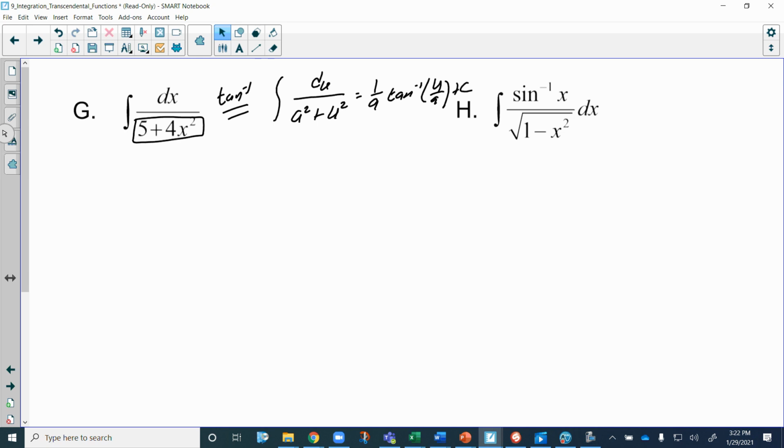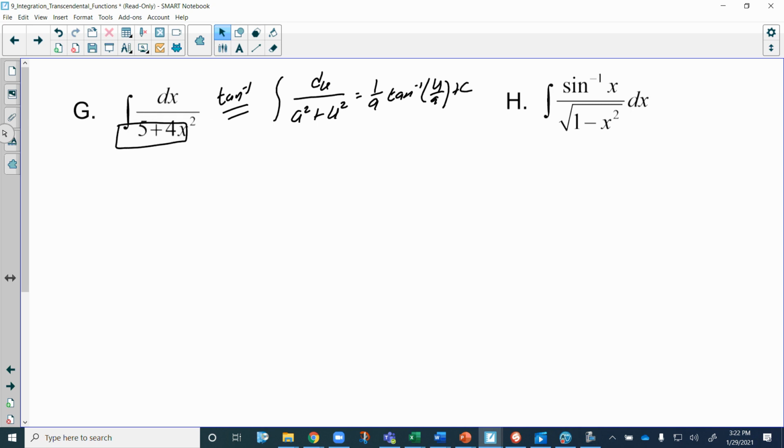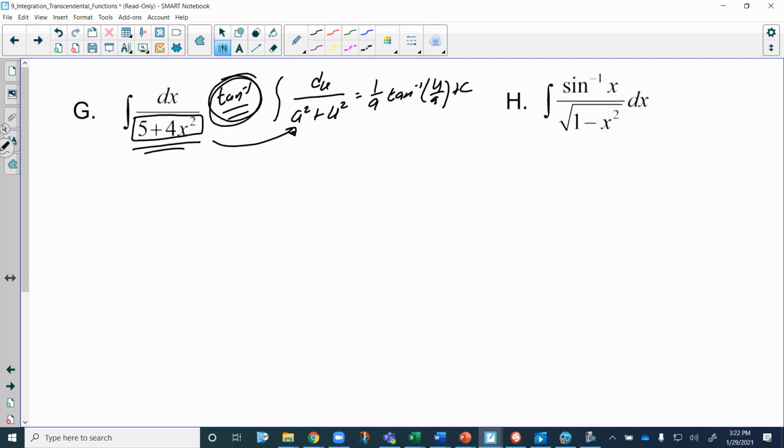A lot of people aren't going to look at this denominator and immediately recognize that it fits this pattern to understand that we're doing inverse tangent. And that's really why I wanted to work this one out for you, as opposed to having you guys try to just, okay, here you go, good luck. Let me know what you get.